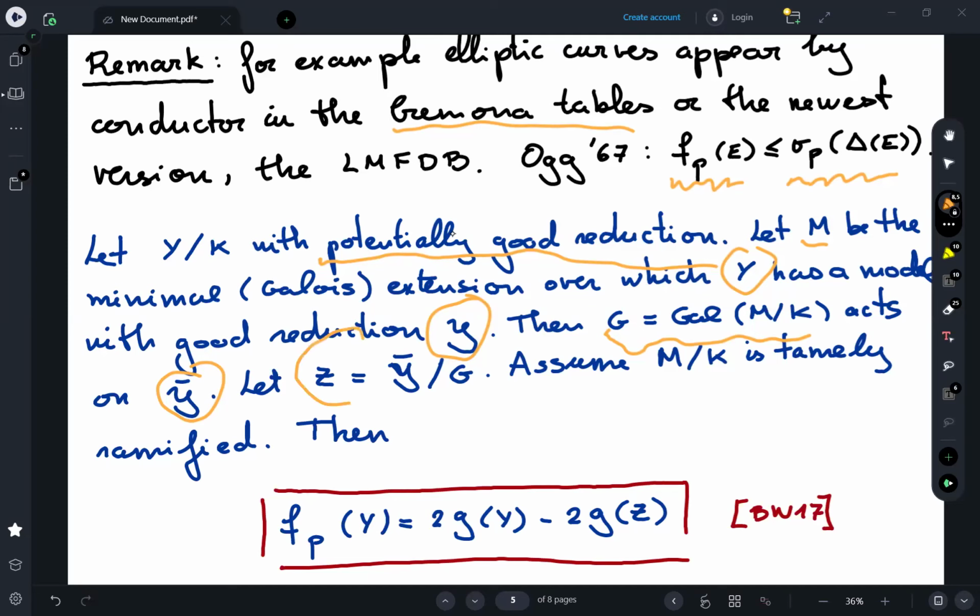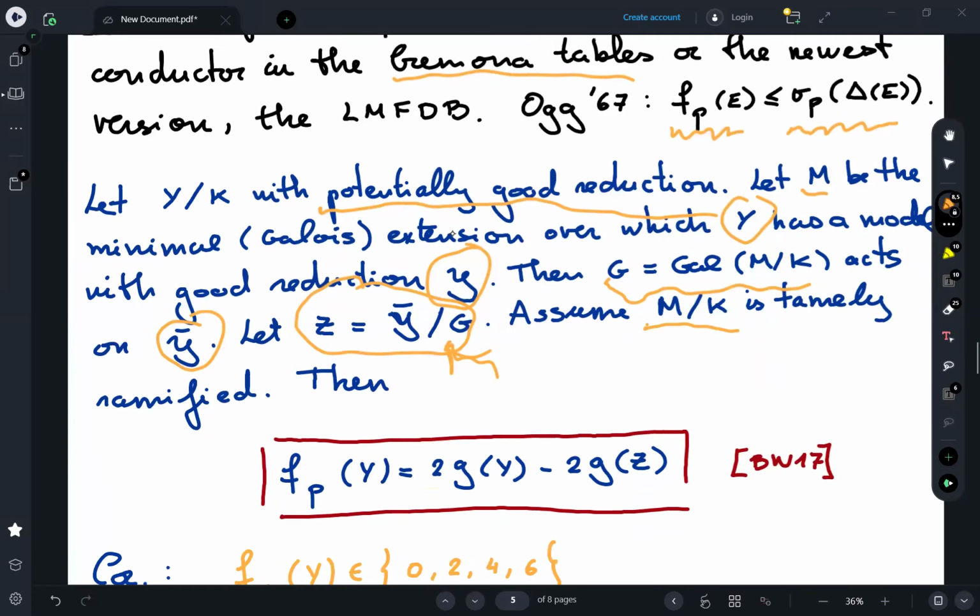We can do the quotient and we get another curve. And with another assumption, which is more difficult to control but that we still know how to handle, if the extension is tamely ramified, then we get this formula: the conductor of our curve is just twice the genus of our curve minus twice the genus of this curve that we defined there.